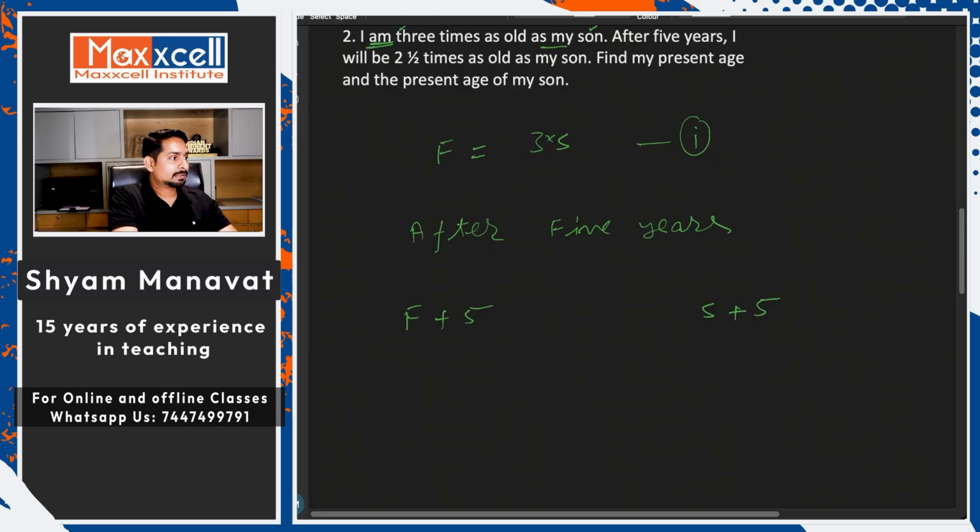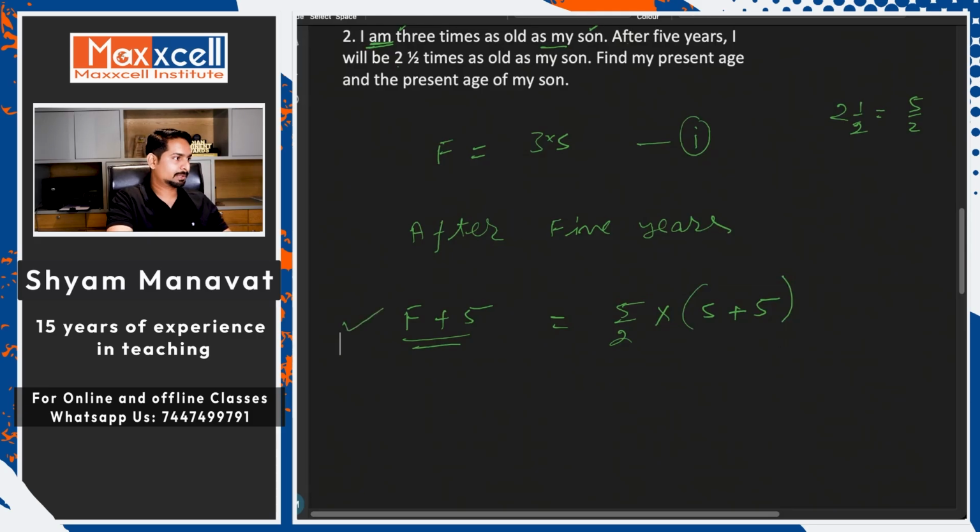Now, I will be, father will be, helping verb equal to 2.5 times. How do you simplify 2.5? 2.5 you can say 5 by 2, right? 2.5 times, 5 by 2 times multiply as old as my son, multiply by the age of son. Is this equation okay with you?